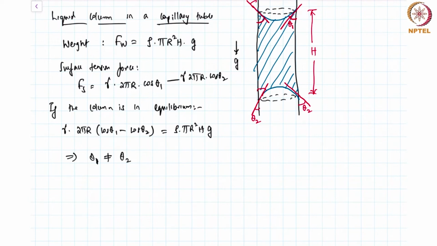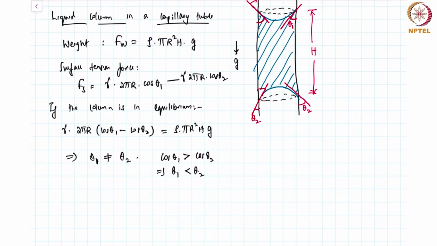In fact, we can also say one more thing. Cosine of theta 1 has to be greater than cosine of theta 2, and therefore theta 1 is less than theta 2. So essentially, the upper portion of the plug makes a smaller acute angle, and the lower portion of the meniscus that you see, which we call theta 2, is slightly broader.